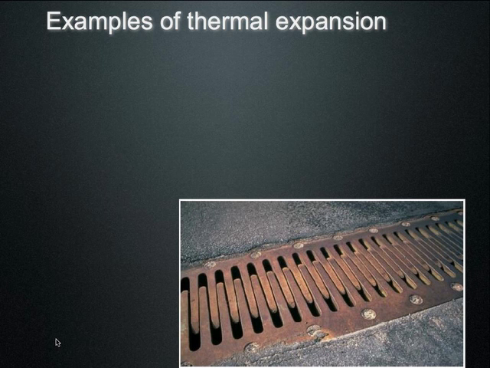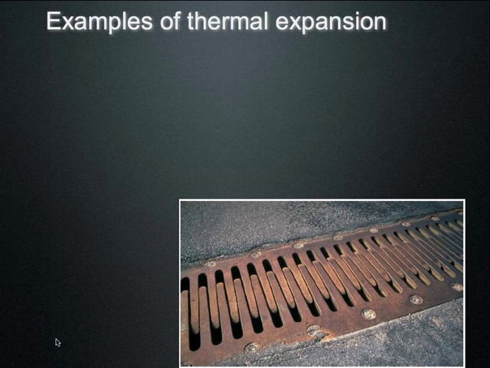This is showing a grate in a bridge. When you go over the joint between the road and the bridge, they have these expansion joints. In hot weather, as the road expands, the joints are pushed in closer together.